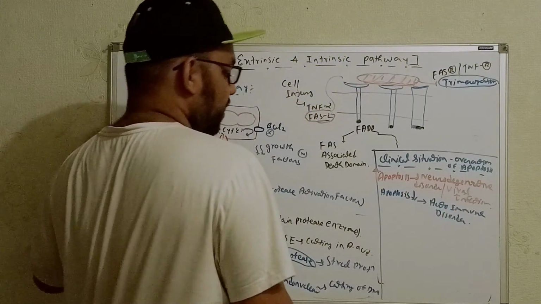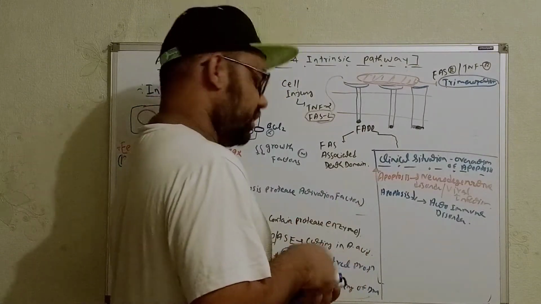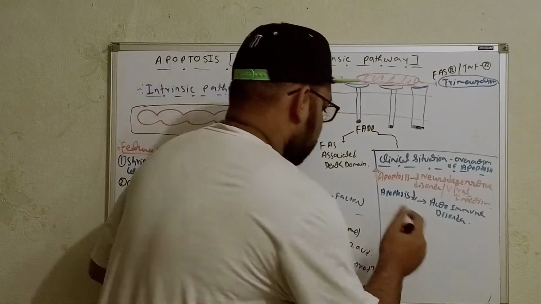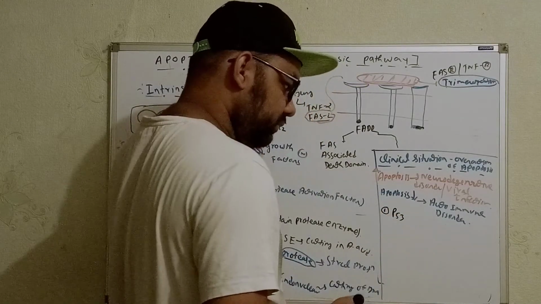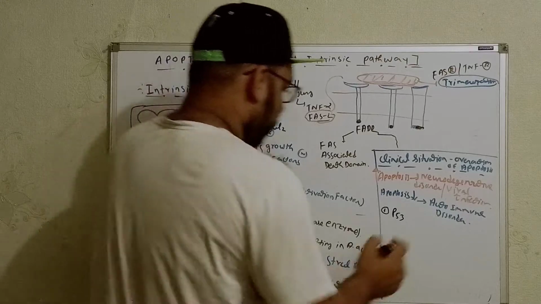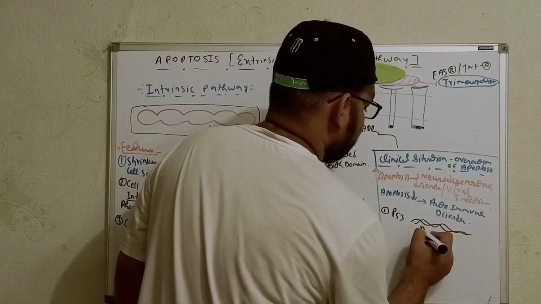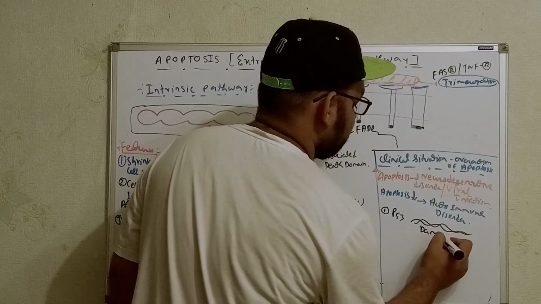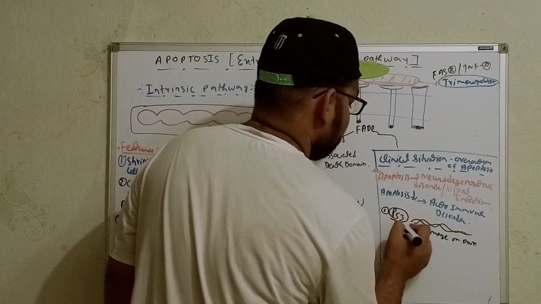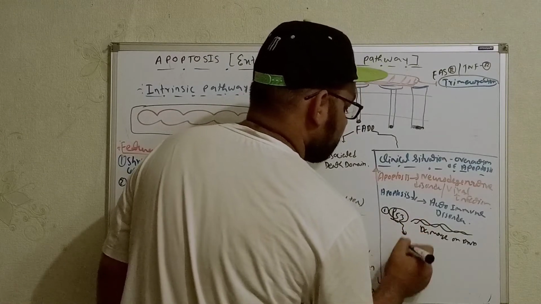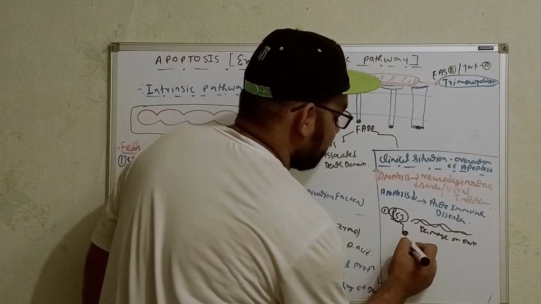And another thing, for example, I hope all of you have heard the term P53 gene. For any reason, if we see damage on the DNA, then the P53 gene will cause apoptosis of the cell.